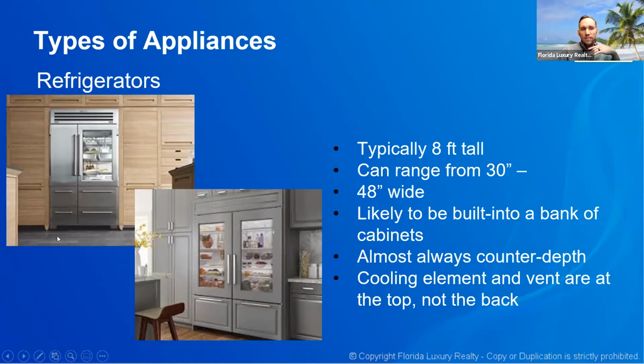You're also, because these tend to be wider, going to have space on both sides of this, which is going to just make it look awkward. And honestly, even though that refrigerator may be the top of the line, most expensive one you could buy in the standard size refrigerators, it's going to significantly diminish the value of the appearance of that kitchen. So understand that's some of the differences to what you're going to find in these high-end appliances.